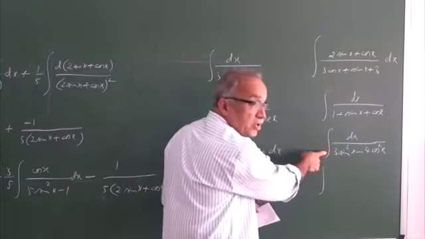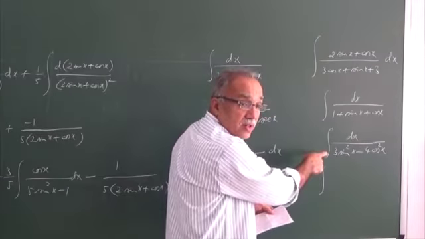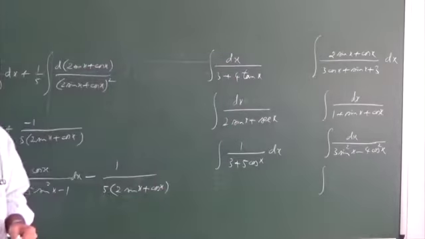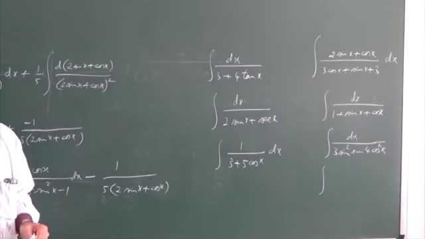Has this been discussed already by us? An expression of the form constant divided by a sin square x plus b cos square x, have we?